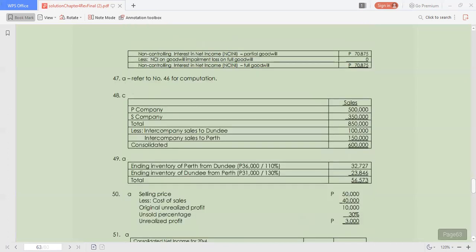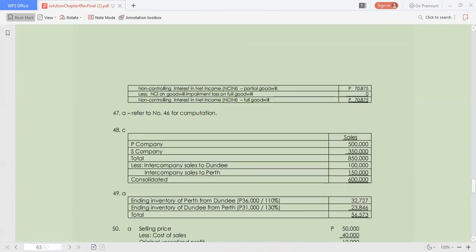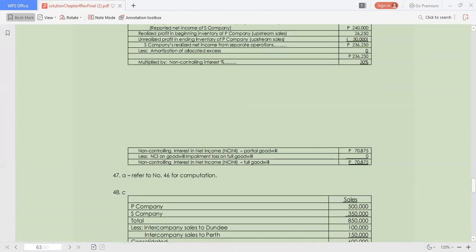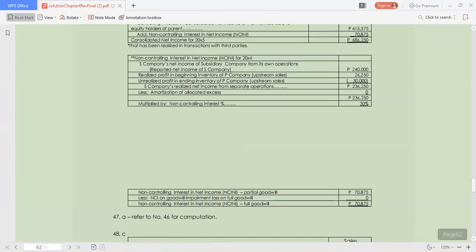Now let's see what are the correct amounts for number 47. Actually, we are asked for the income to controlling interest. Our answer to number 47 is letter A. That's 615,375.